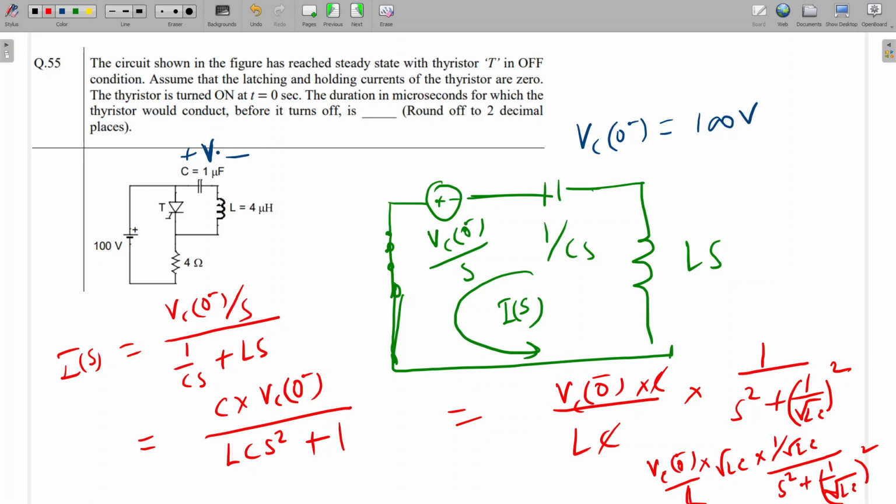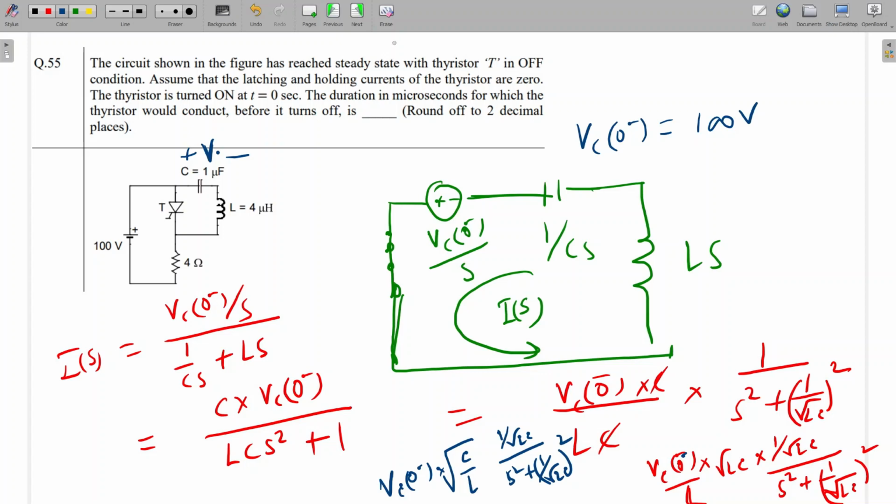Anyone can unmute and ask how I have written this? No doubt, sir. Okay, so finally, what will be the value? Final will be VC(0-) into under root C by L, and this will be 1 upon root LC divided by s square plus (1 upon root LC) whole square. So what will be the inverse transform of this one?